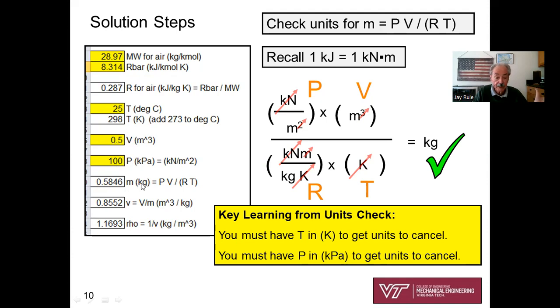So now we're solved straight out. m is PV over RT, plug and chug. m is 0.5846. Okay, specific, now we're home free. Specific volume, V over m, 0.8552 cubic meters per kilogram. And rho, density, is the reciprocal of specific volume, 1.1693 kilograms per cubic meter. Easy as can be, but master this.